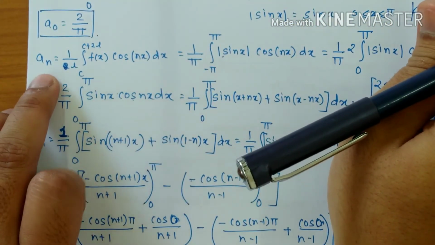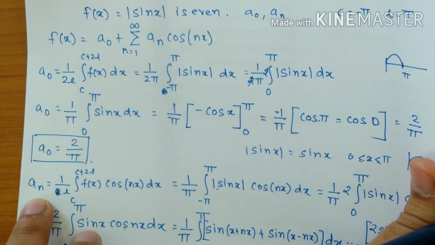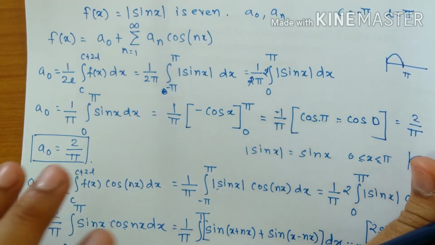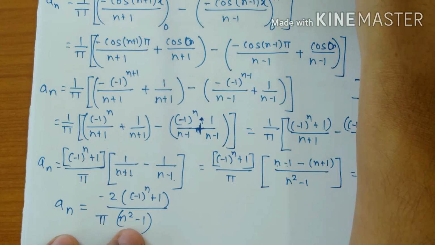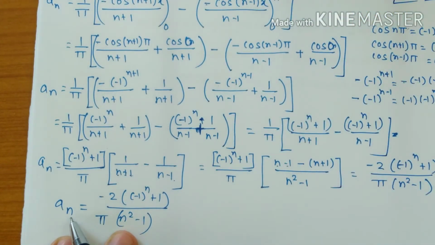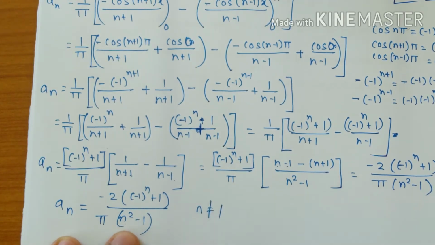But look at here, if I substitute n as 1, a1 cannot be derived from here, because if I substitute 1 in place of n, we get the denominator 1 square minus 1. 1 square is 1, 1 minus 1 becomes 0. So your denominator becomes 0.